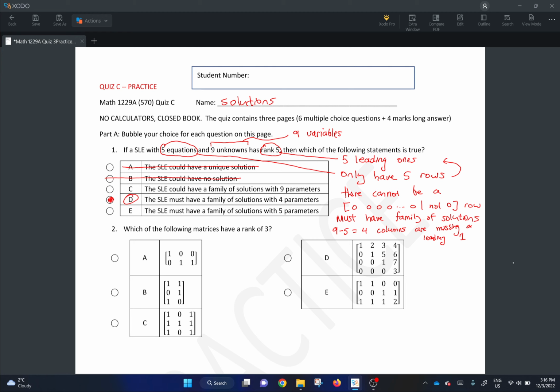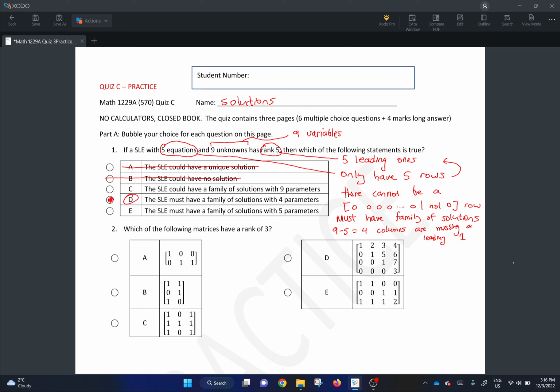So again, part of the problem-solving process was comparing the rank of the matrix to the number of unknowns, but we also have to make sure that we exclude the possibility that there's no solution condition, and we can exclude that because the rank is equal to the number of equations. That just means each row in the matrix has a leading 1.